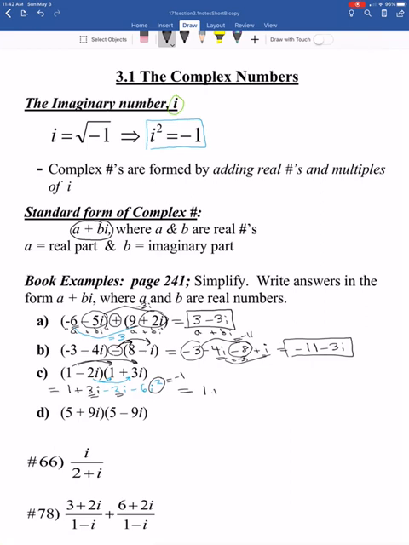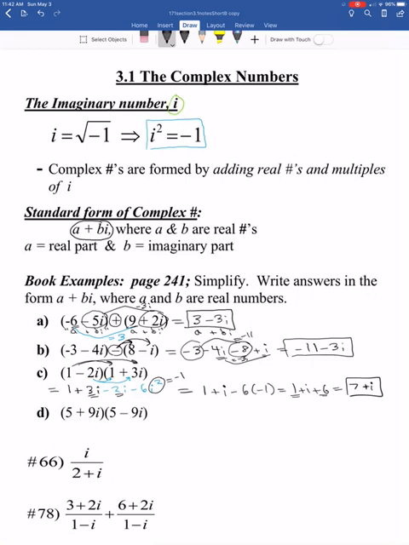So I got 1 plus i minus 6 times negative 1. So replacing i squared with what it equals, we end up with 1 plus i plus 6. As we add the two constant terms, our like terms, we get 7 plus i. All right? So there's our product of those two numbers.